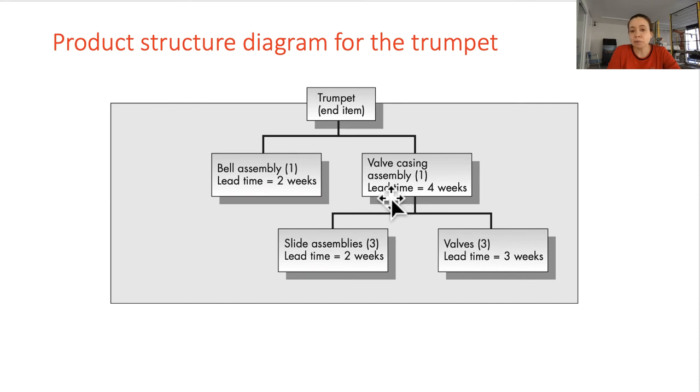To be able to produce the valve casing assembly, we need 2 more components called slide assemblies and valves. The amount of slide assemblies required is 3, and the amount of valves required is 3. Here we also have the production lead times for these components as given in the boxes.